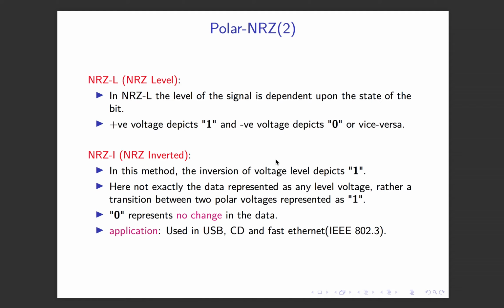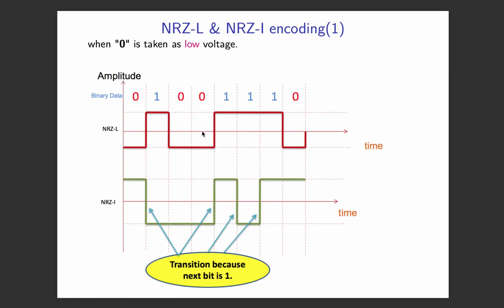So it solely depends upon the voltage levels. Here is an example: here I am getting a 0, so I have considered a negative voltage level, and whenever I'm getting a 1, it is represented as a positive voltage, and we have maintained this pattern throughout the entire data stream.